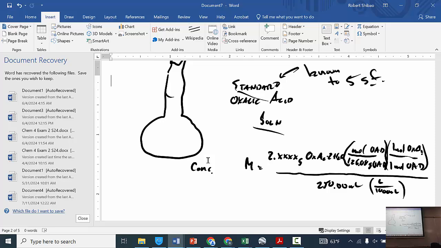Oh, should you clean this? I mean, usually blue represents bases, but who knows who used it last and what they put in here. And so probably before I pour in my sodium hydroxide, I probably want to clean this. Now, if it's really dirty, the way you can tell is you'll see droplets of water adhering to the sides.